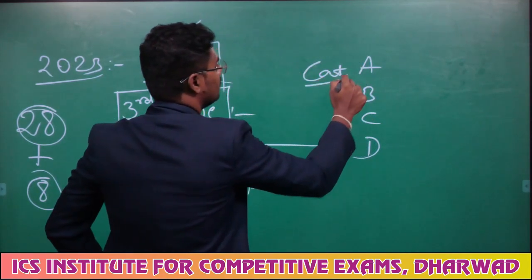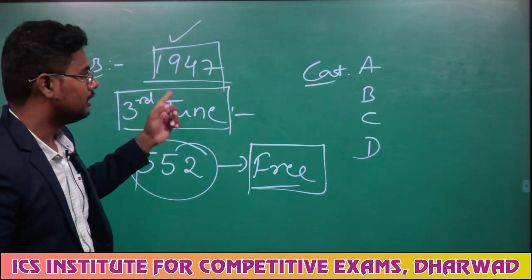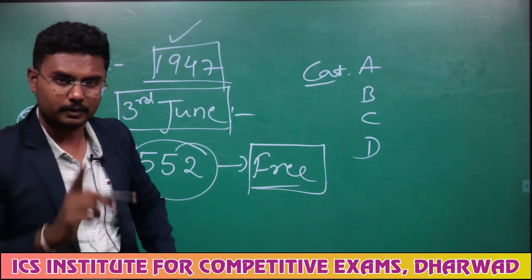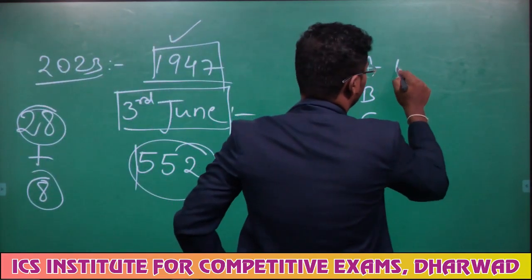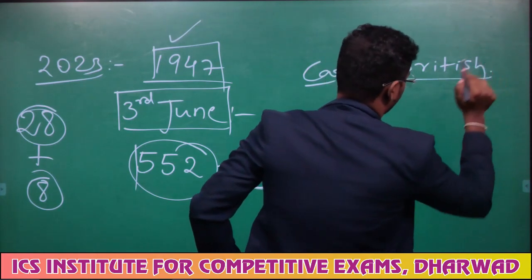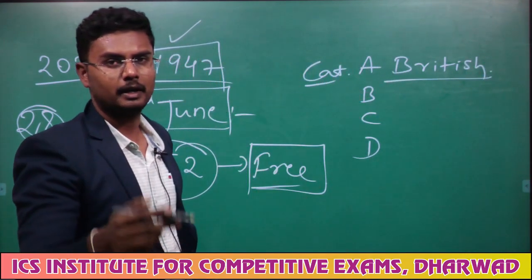When India got its independence in 1947, the regions in India were divided into 4 categories. Category A included British territories or British India, like Bengal, Bihar and Orissa.